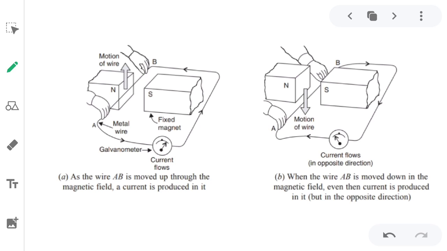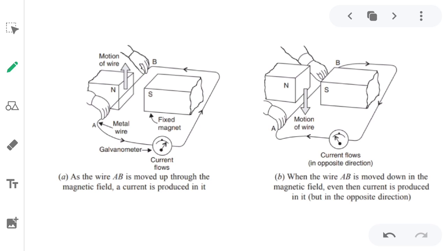So there are two ways to change the direction of induced current. First, change the direction of movement. Second, keep the conductor static and change the movement of the magnet, or change the magnetic field, meaning make the north pole the south pole and the south pole the north pole.